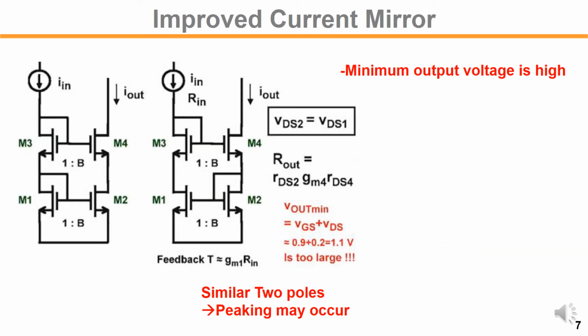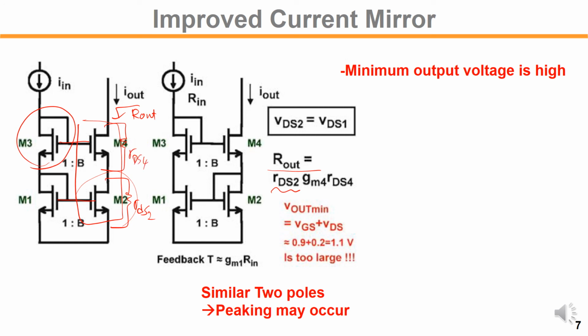Another way of improving the output impedance ROut is using a cascode device. We can use the cascode by stacking another diode connected transistor on top, so they share the gate voltage like this. In that case, R out would be RDS of the bottom, this is RDS 2 and RDS 4.